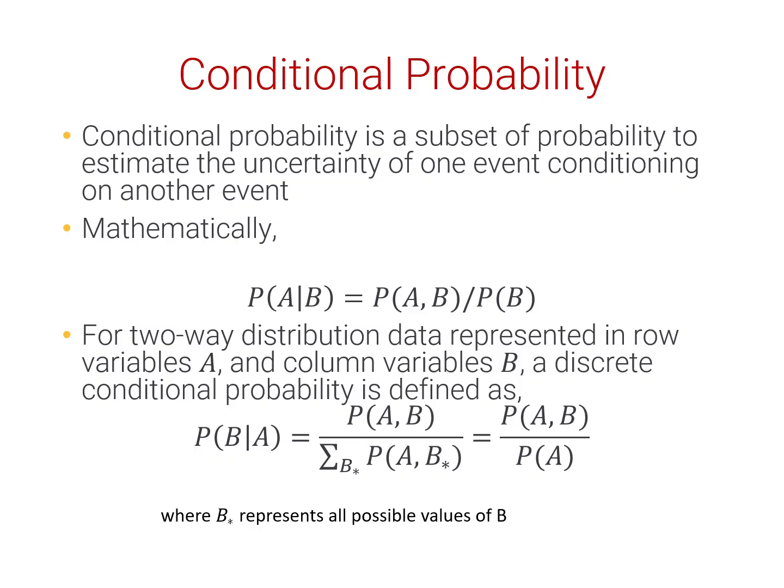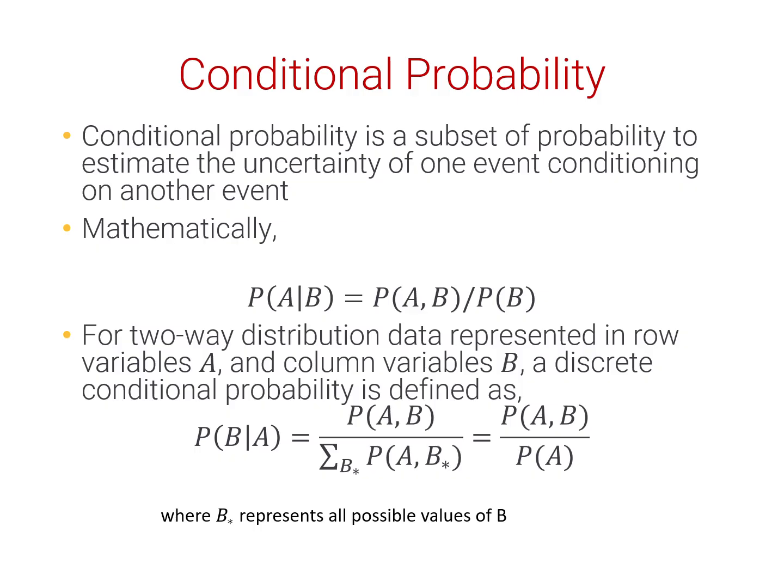At its core, conditional probability is a subset of probability that focuses on estimating the uncertainty of one event given the occurrence of another event. It enables us to update our beliefs and probabilities based on new information or conditions. By conditioning on specific events, we can gain valuable insights and make more accurate predictions.